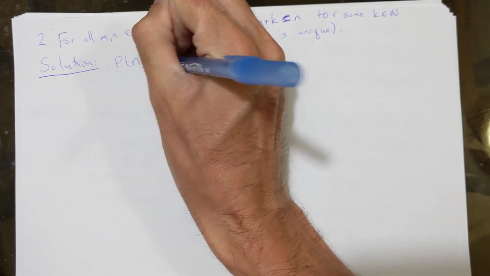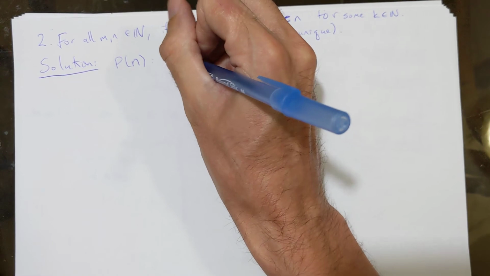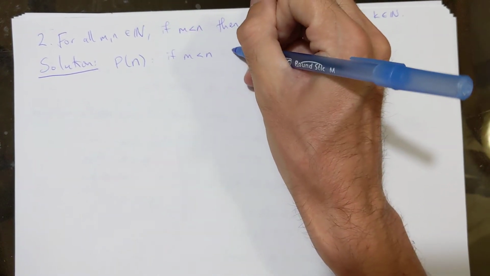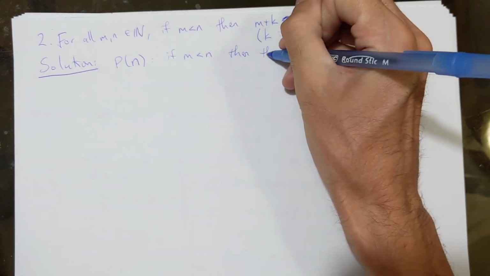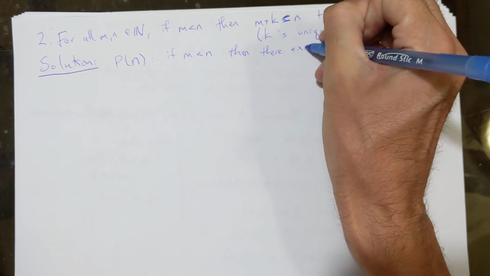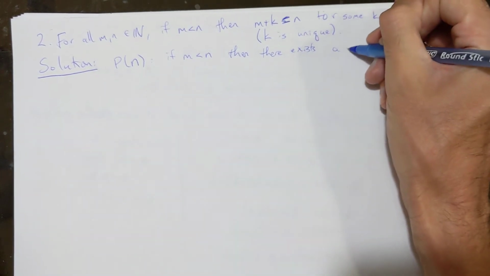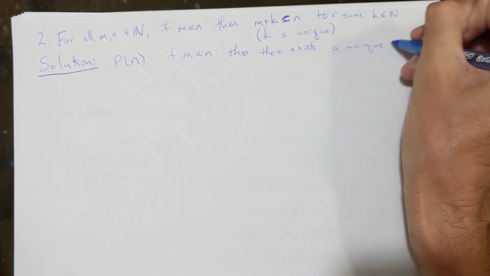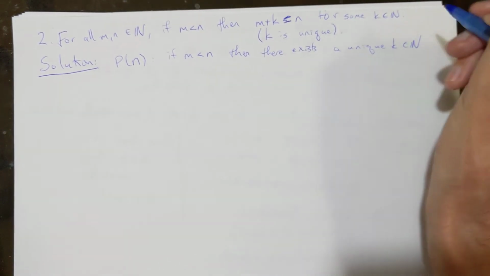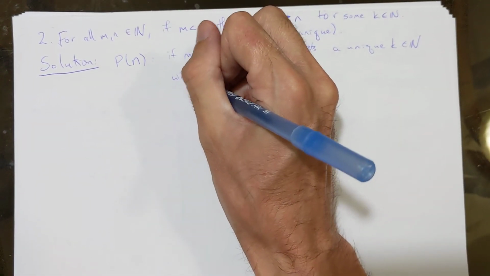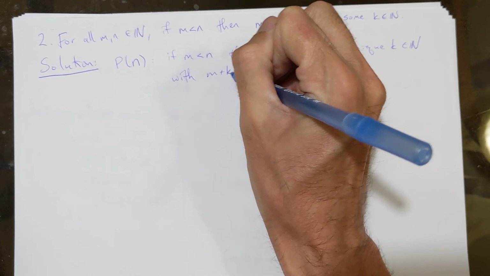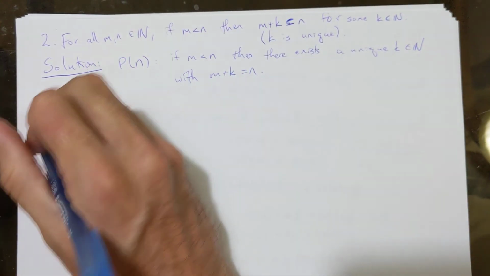So P of n is going to be the statement: if m is less than n, then there exists unique k with m plus k equals n.